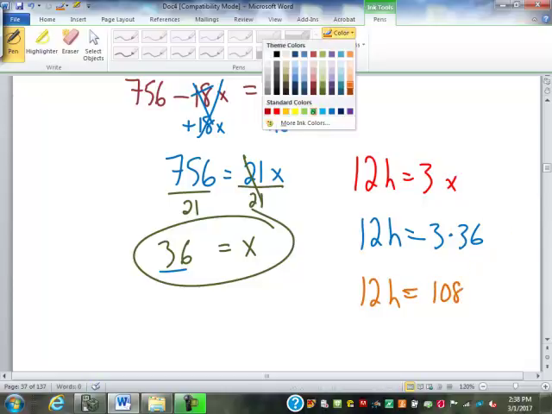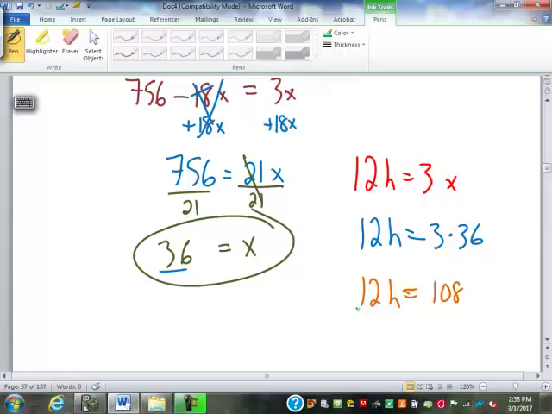And our last step is divide by 12. Good. So H equals 9. So that's telling us the height of this is 9 feet. So we are well under a 13-foot, 8-inch limit. Any questions?